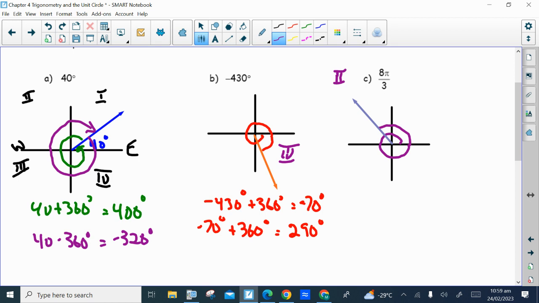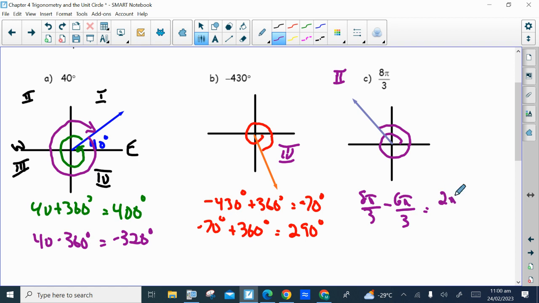So if I want to get another positive coterminal angle, I could either add 2 pi, which is adding 6 pi on 3s, or in this case, I could subtract 2 pi. I could subtract 6 pi on 3s. The reason I'm using 6 pi on 3 is because 6 divided by 3 is 2. That's the same as subtracting 2 pi, and 2 pi is used because it is 1 revolution around the circle.